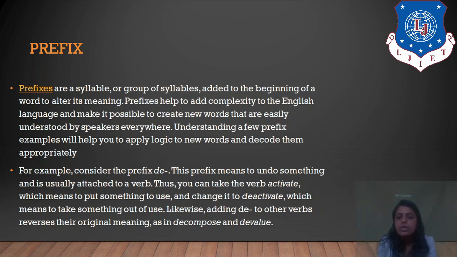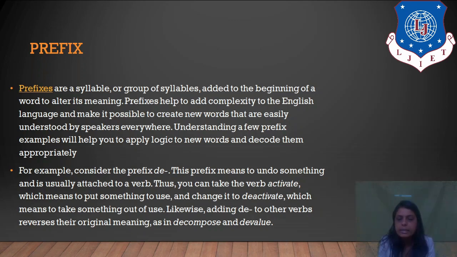For example, consider the prefix de. This prefix means to undo something, right? So whenever there is de before any word, that means you are undoing that thing. For example, take the word activate, and when you put de before it, it becomes deactivate. So you are undoing what you have activated first, which means to take something out of use.